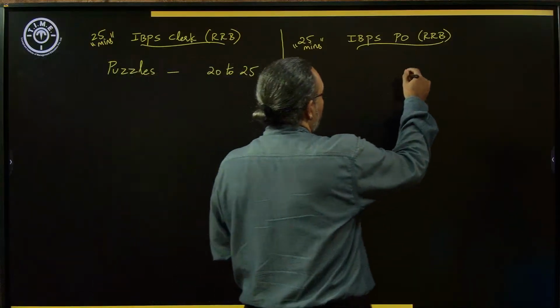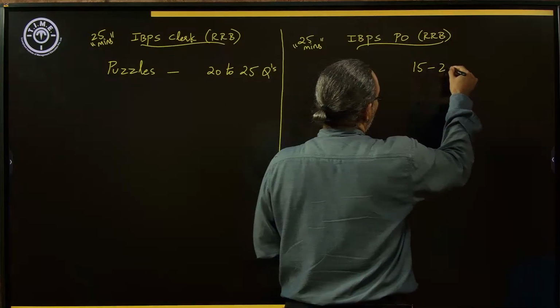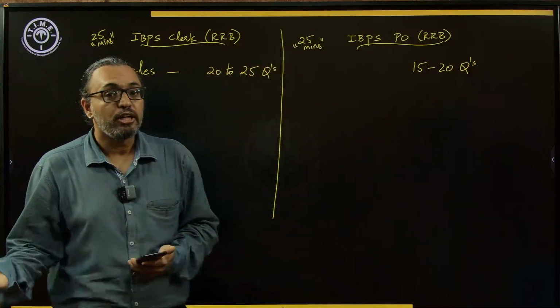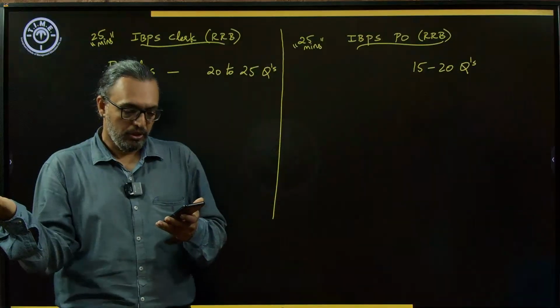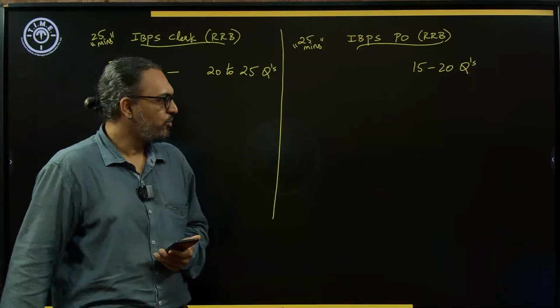And for IBPS PO, it will be somewhere 15 to 20 questions. Now, it can go up to 25 questions in one or other slots, but generally it is 15 to 20 questions.